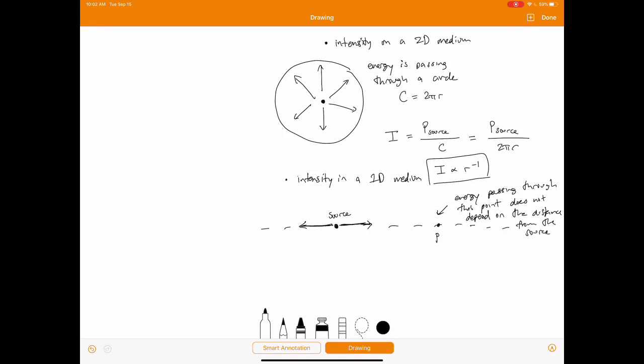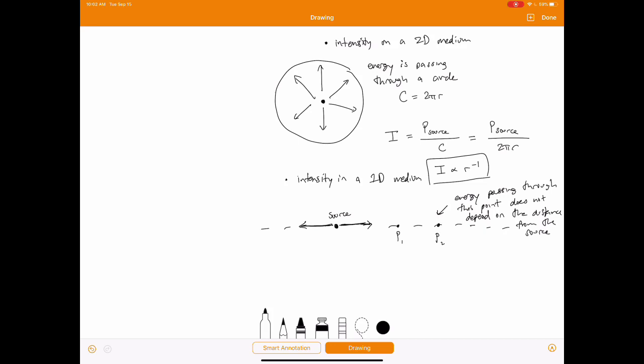Okay? Because of course, if I picked a different point, let's say over here, let's call this one P1 and this one P2, the same exact amount of energy would be passing through each one of those points because the energy can't spread out when it's in one dimension. It can just move along the line.